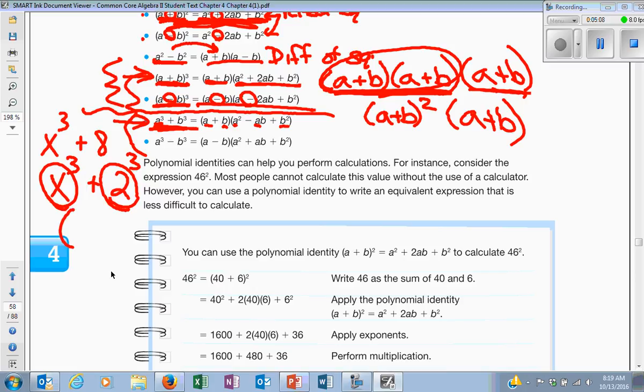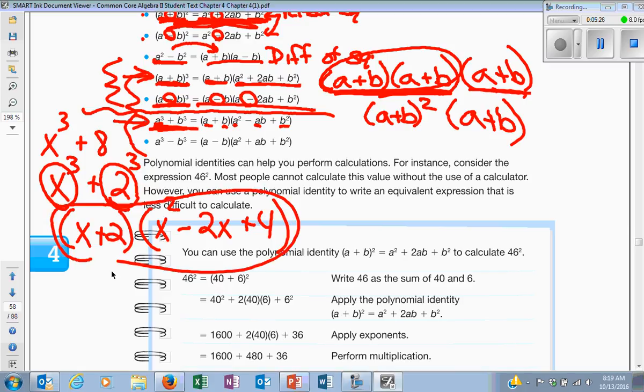So it would be x plus 2, and then it would be x squared minus 2x plus 4. Right? That's how we would take this guy right here and factor. We've talked about that. And again, it's going to be a big part of chapter 5, chapter 6, or wherever we go from here on out.